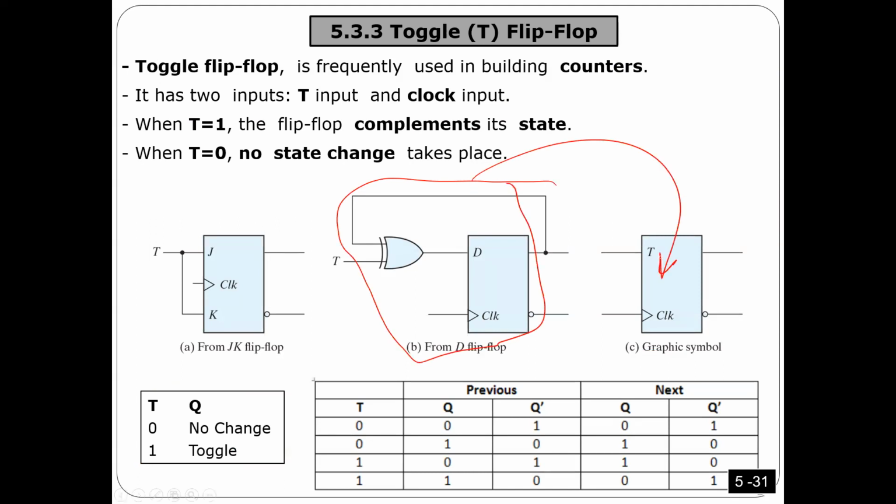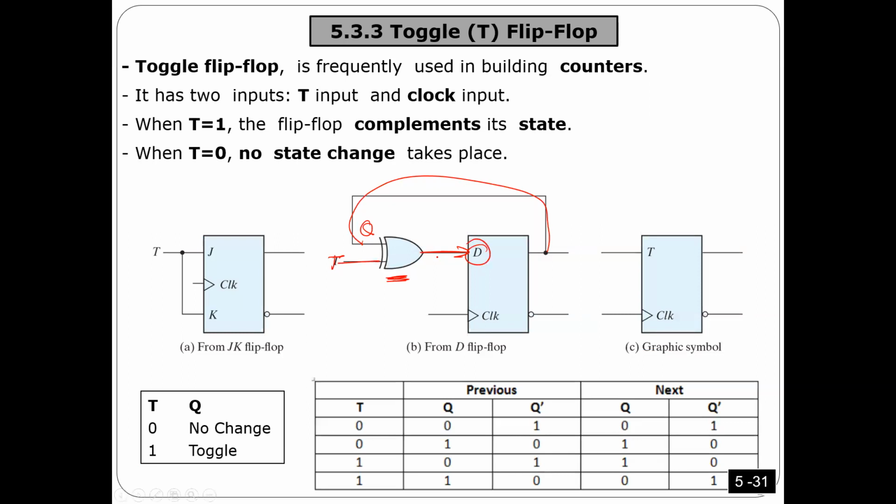The basic one is the D flip-flop. How can we make it? As you see here, all we need is an XOR, and then we put T here, and Q here. That's it. And then this will be input to the D flip-flop. If you do it this way, you created a T flip-flop.